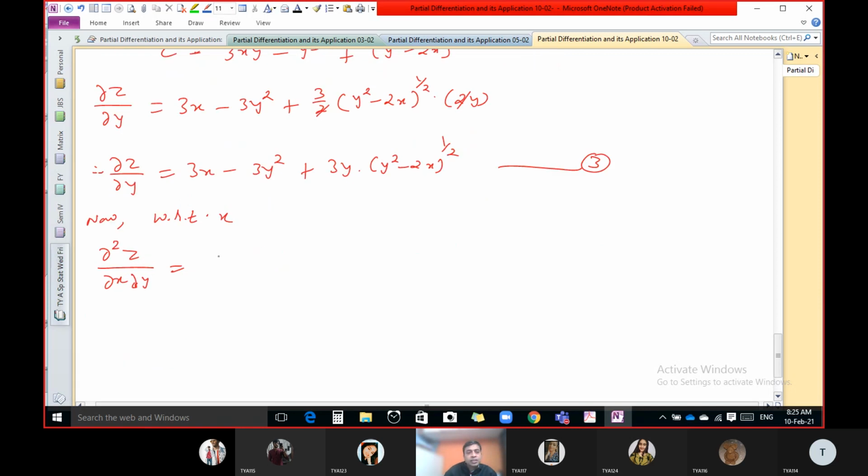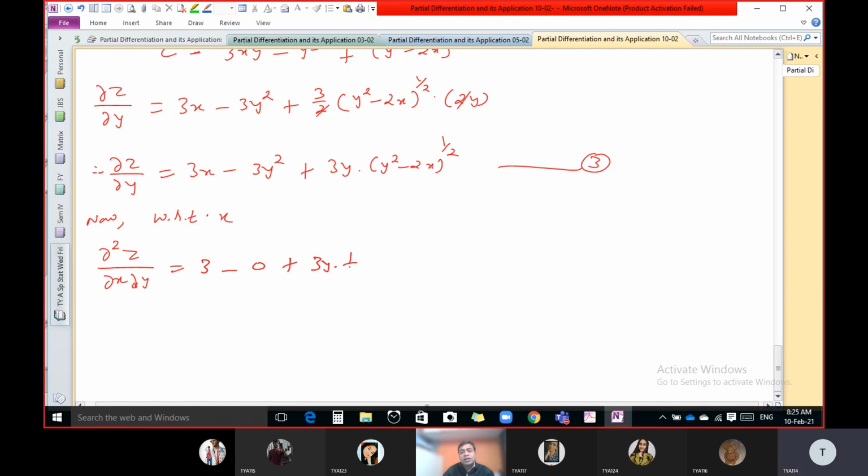Tell me the answer. 3 minus 0 plus 3y is a constant because we want to find out derivative with respect to x. So 3y keep constant like 3 only.